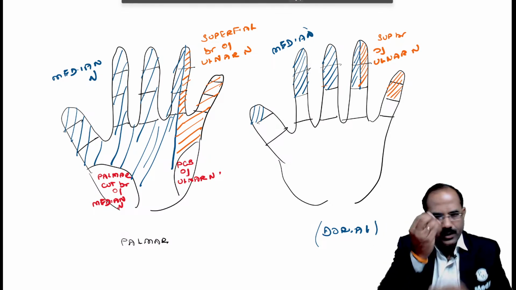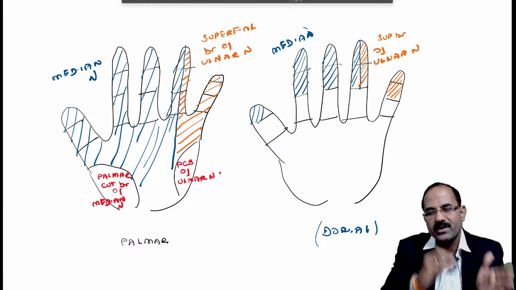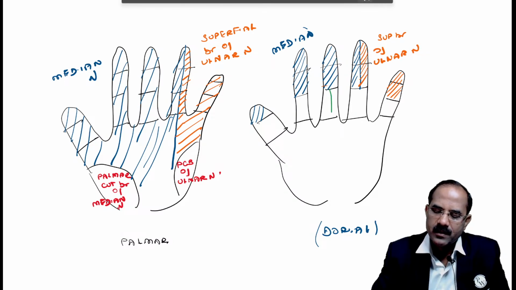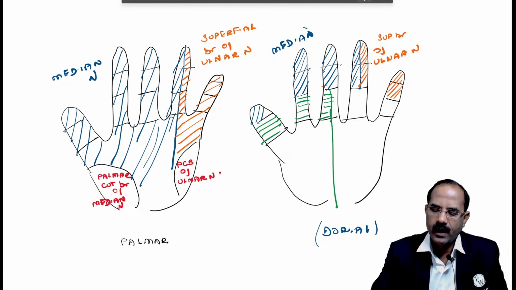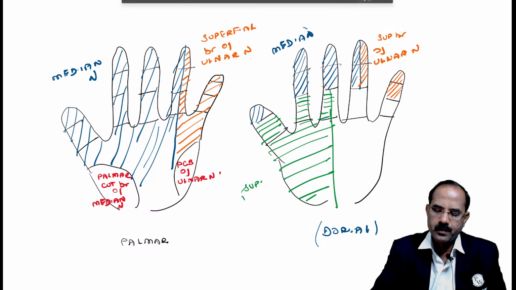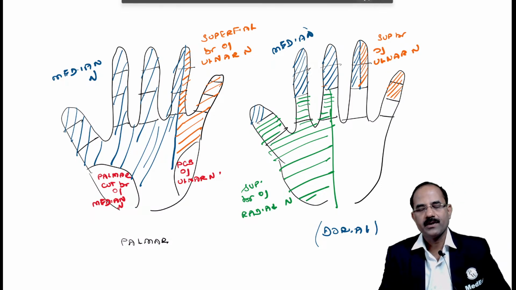Now we are left with the dorsum of the hand and the proximal phalanges of the fingers. The dorsal aspect of these 2.5 fingers and the dorsum of the hand is supplied by the superficial branch of the radial nerve.